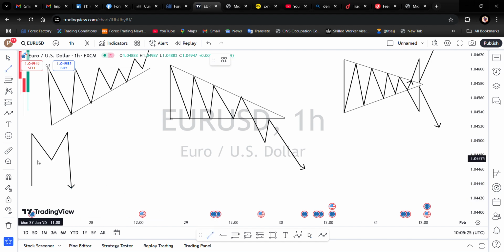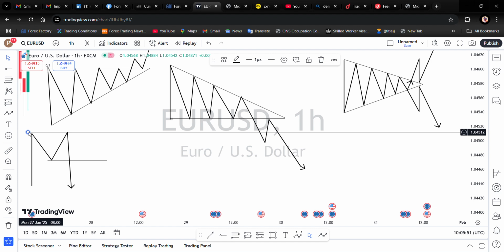And this is what we call the neckline of a double top. So when price does this, price must have been struggling to break out within two equal points.